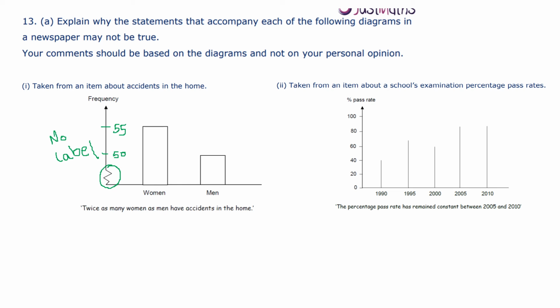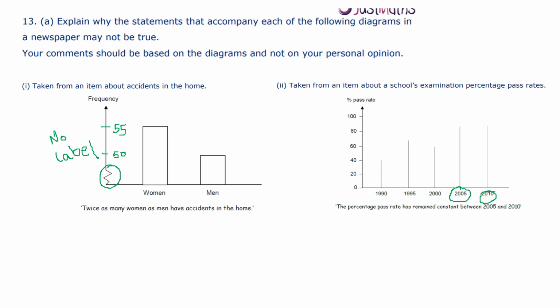Okay, and then number 2, taken from an item about a school's examination percentage pass rates. And it says the percentage pass rate has remained constant between 2005 and 2010. Well, here's 2005 and here's 2010. And we can see that they have both got the same pass rate, but we don't know what happened in the years in between.